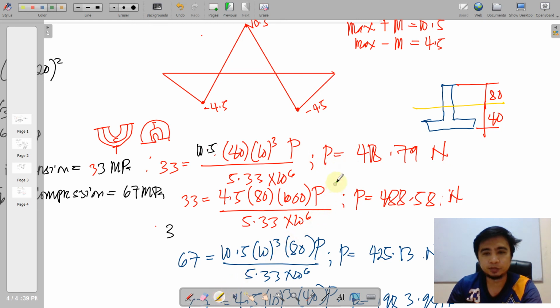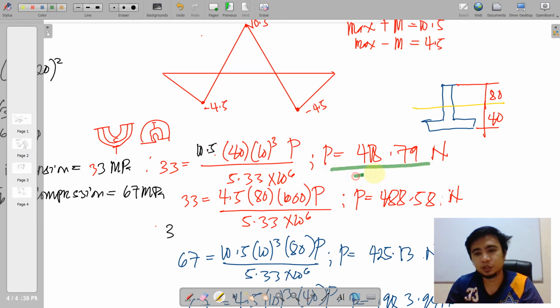So between these two calculations, we have to consider the smaller value of P, which is 418.79 Newton. Okay, so if that is chosen, then we will be having a safer value for P, wherein it will not exceed 33.